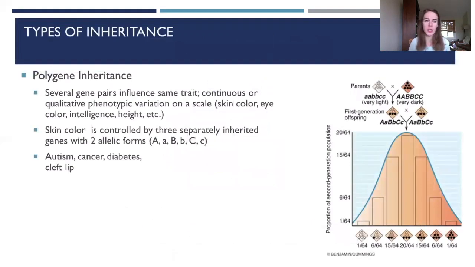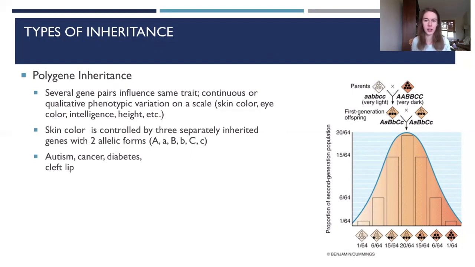Okay, and then polygenic inheritance, this just means that you have multiple genes. So up to this point, even with the ABO blood type, we were just talking about the same gene and different variants of that gene, which is to say different alleles of that gene. But we have a lot of traits in humans. Anything that has a ton of variability, like height, skin color, intelligence, hair color, is going to be inherited by multiple genes.